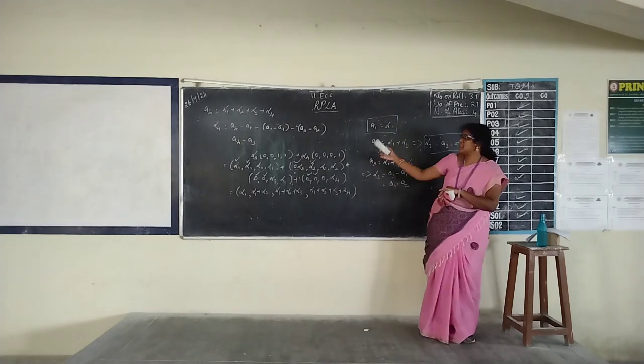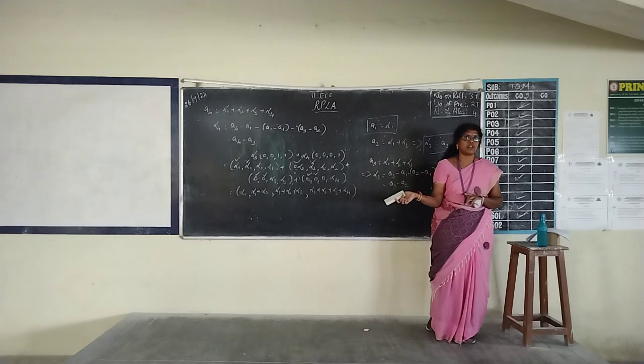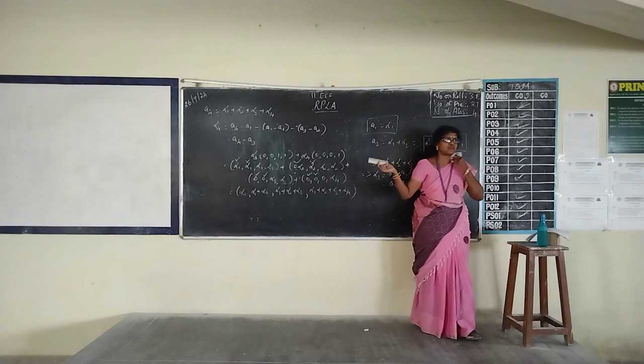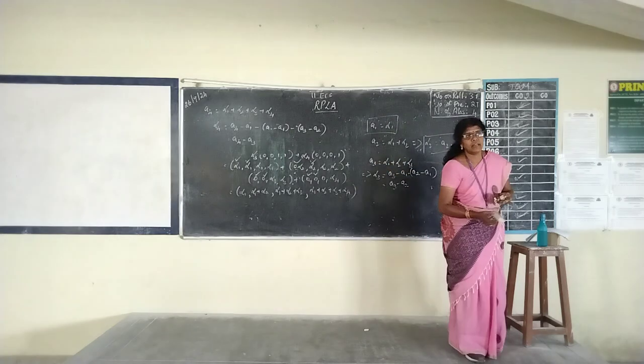Yes. If you replace and write, you will get A1, A2, A3, A4 as a linear combination of the U's. If they are integers, we can substitute and identify a numerical value. Understood now how to solve?